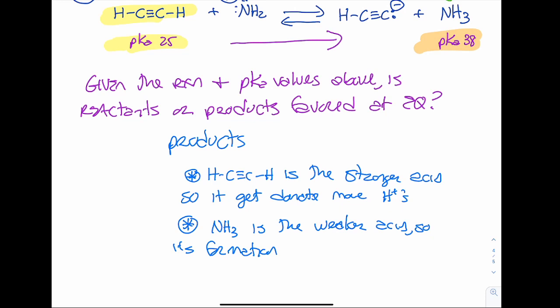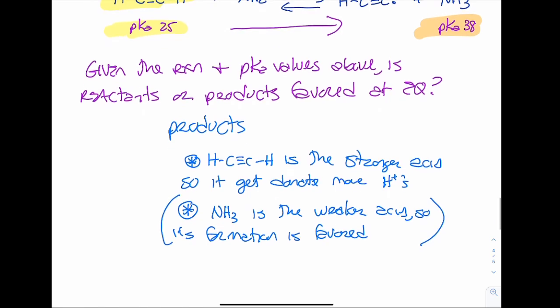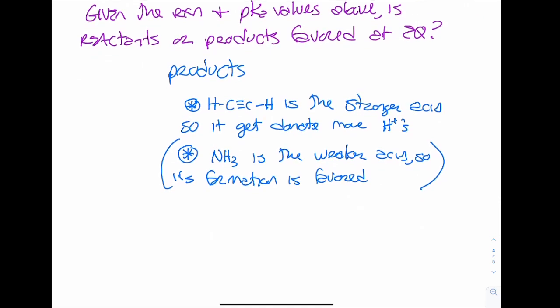This one's weaker, so it doesn't get to. So I don't really like this second one very much, but it's kind of how our book is explaining it. I'm going to actually put that in parentheses because I like the first one better. Hopefully this is making a little bit of sense.